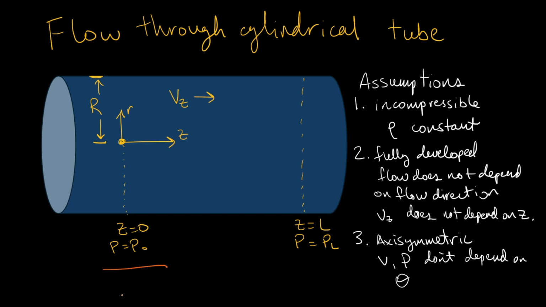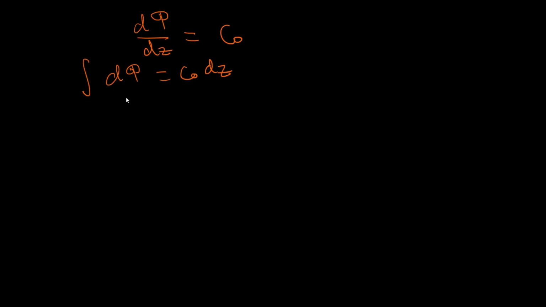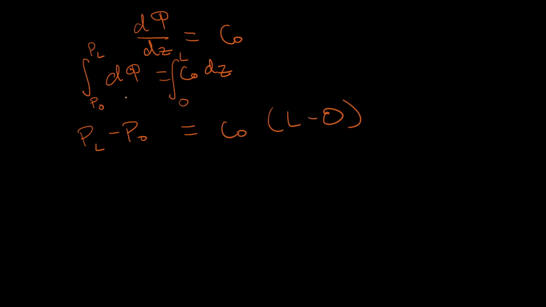At z equals L, our pressure is equal to p sub L. So we can use this as our integration. So we're integrating from, on the right-hand side, z equals 0 to L. And on the left-hand side, we're integrating from p0 to pL. So then on the left, we have pL minus p0 is equal to c0 times L minus 0.